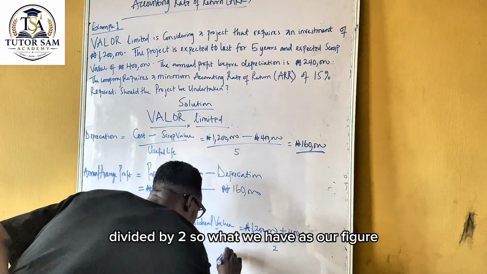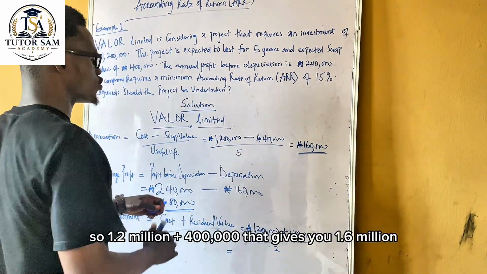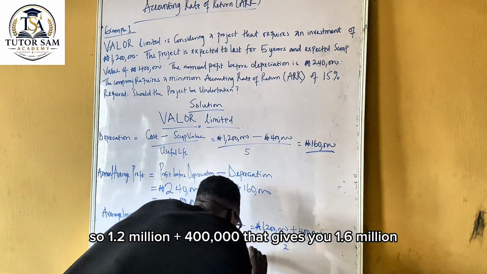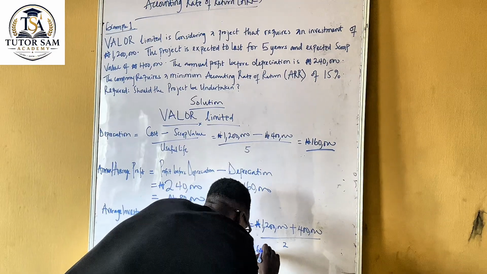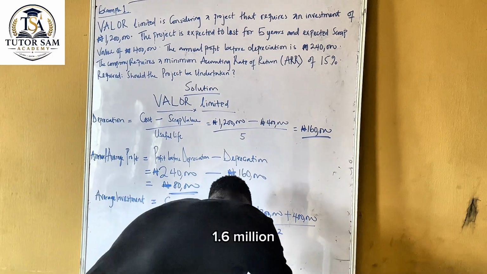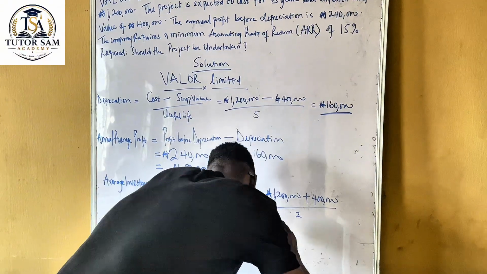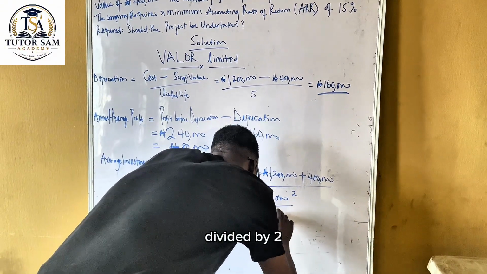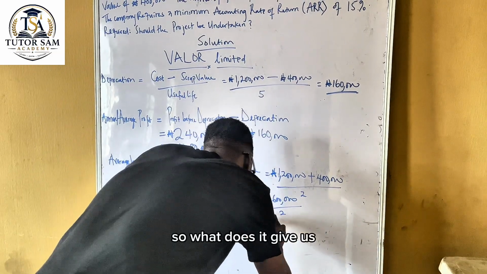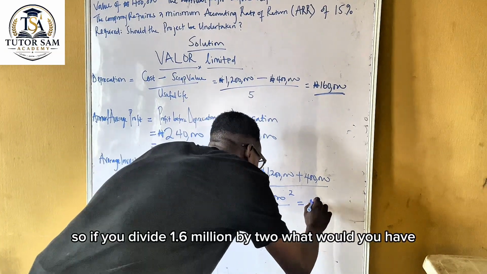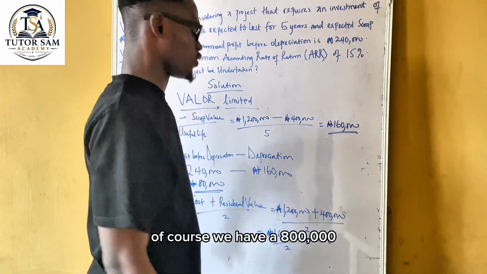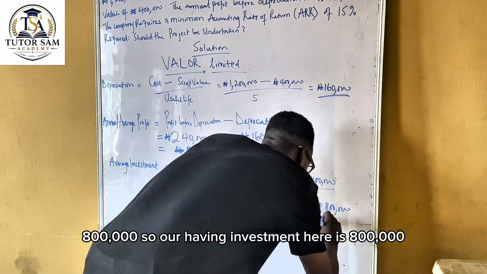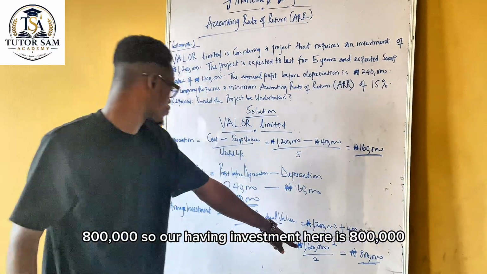So 1,200,000 plus 400,000 gives you 1,600,000 divided by 2. If you divide 1,600,000 by 2, what will you have? Of course, we have 800,000. So our average investment here is 800,000.